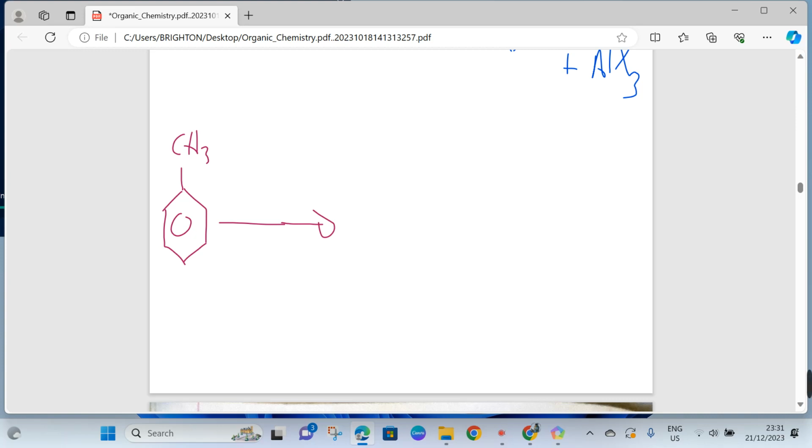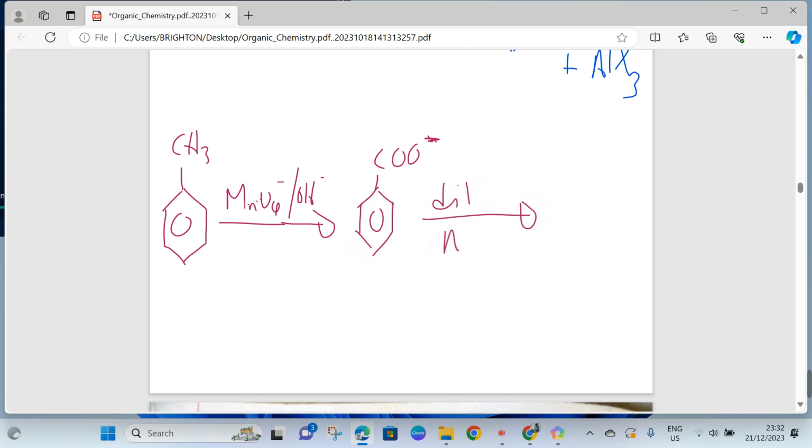They prefer to oxidize this using potassium manganate in alkaline conditions, to produce COO negative, plus benzene at the first stage. Then if you add dilute acid, any dilute acid, it produces the COOH group.